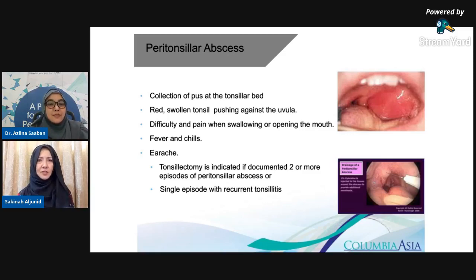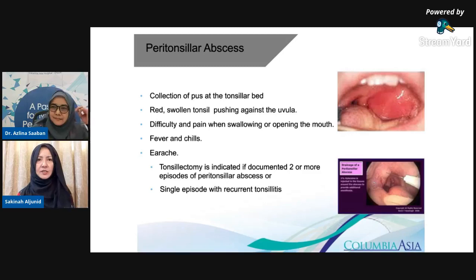So it means two episodes, according to the book. Or the patient has one episode of peritonsillar abscess with recurrent sore throat or recurrent normal tonsillitis, then we also consider tonsillectomy.